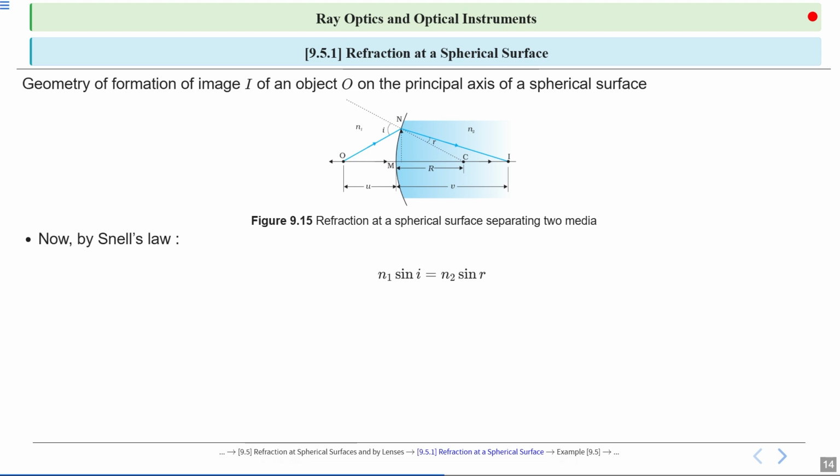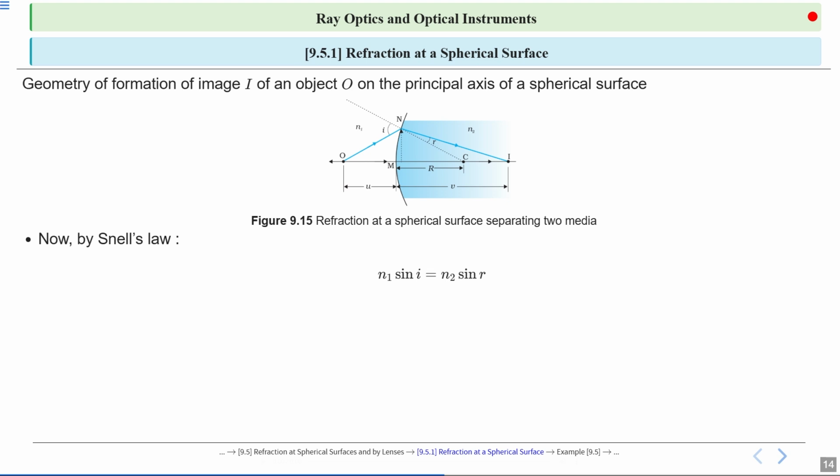Now by Snell's law, what is Snell's law? Sin I upon sin R will be N21, which is equal to N2 upon N1. Okay, and after solving, we have discussed in the refraction chapter, this expression we have derived, N1 sin I equal to N2 sin R. Okay, or we can say sin I upon sin R equal to N2 upon N1, or we can say N21.